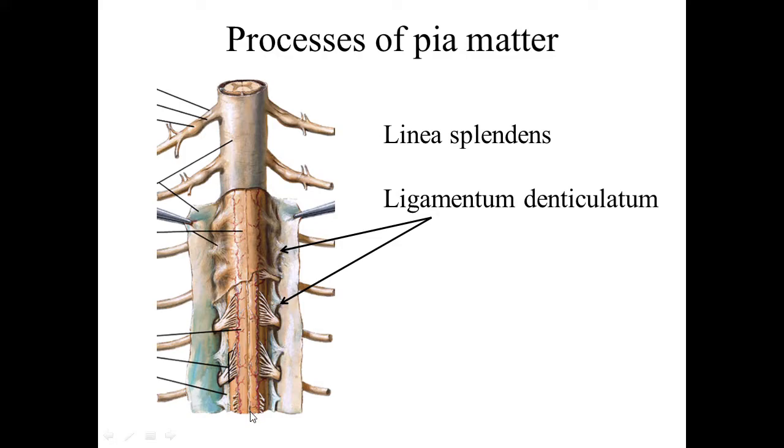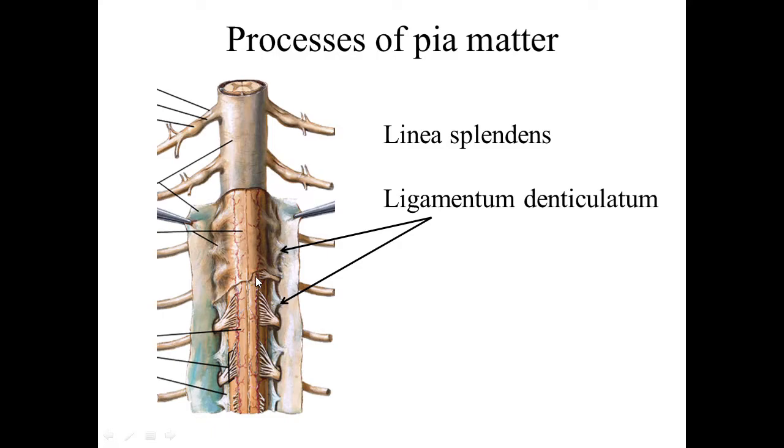This is the anterior median fissure, and in it the pia mater sends a septum-like projection. Here the pia mater becomes thickened and appears as a glistening structure. So you can see a shiny thickened structure in the anterior median fissure, that is the linea splendens.